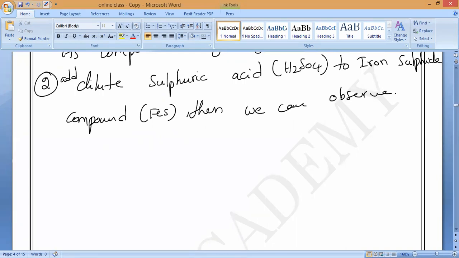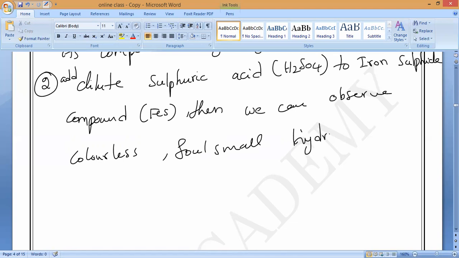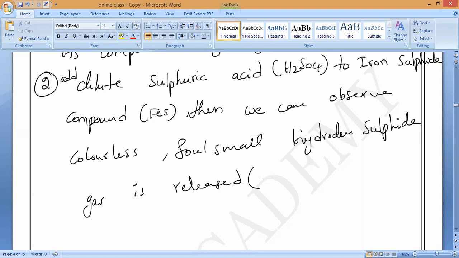Which gas? Colorless, foul smelling hydrogen sulfide gas is released. This hydrogen sulfide gas smells like rotten eggs.